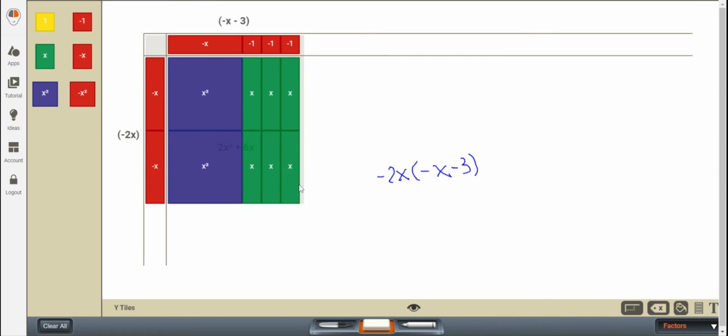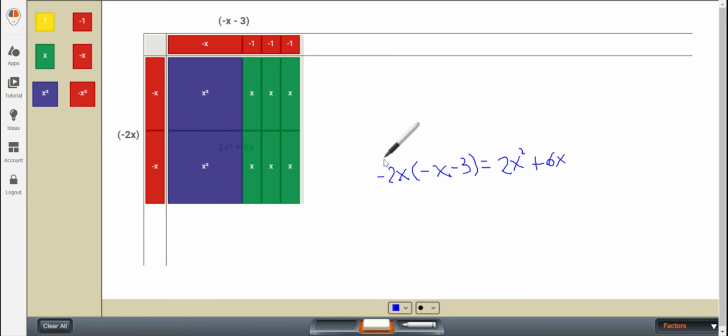And if we read it, we can see that it is 2x squared, and then I have 6x. Actually, we can see the numbers underneath, but let's write it here, and that's our example now. That is positive 2x squared because the signs were both negative, and positive 6x, which is what we saw here.